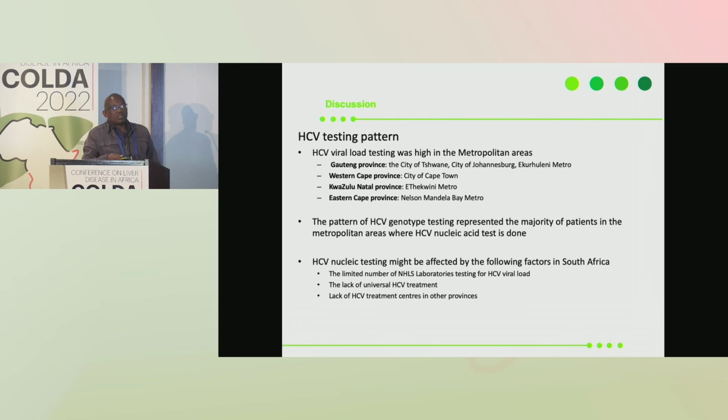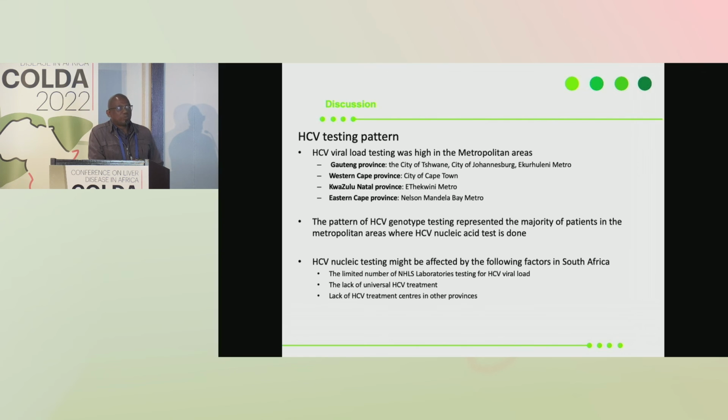So looking at the data, the other thing that we saw is that people are followed up in metro areas, which are found in Gauteng province, Western Cape, KwaZulu-Natal, and Eastern Cape.